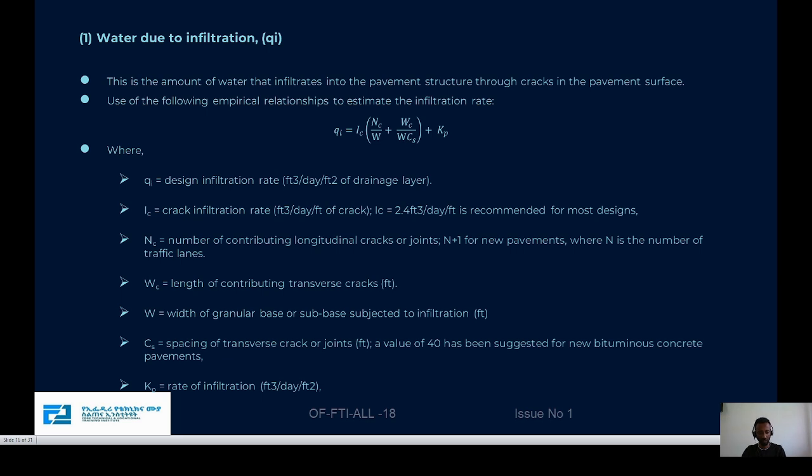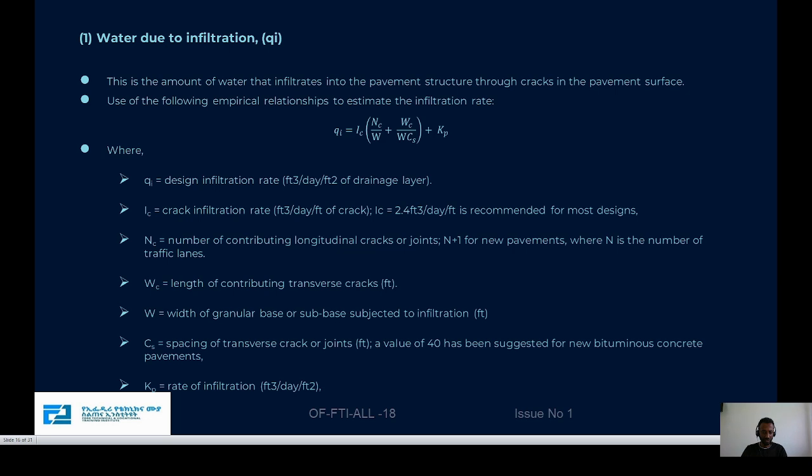The first one we consider is the water due to infiltration, which is very important, so we calculate the infiltration rate. These sources come from cracks, with water percolating from the pavement surface. This is calculated using these formulas.